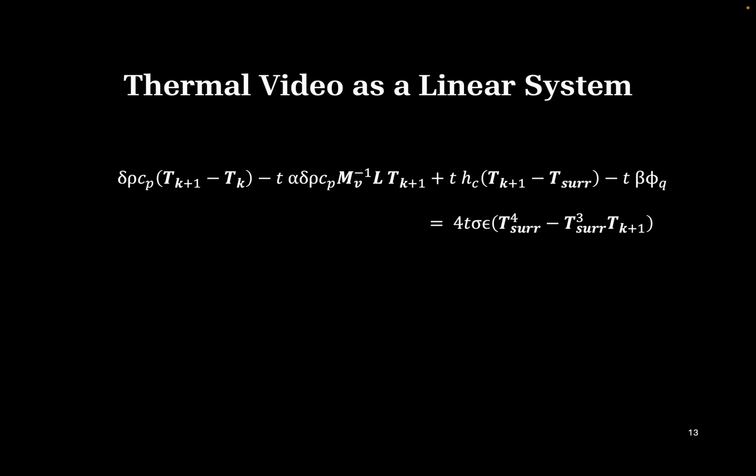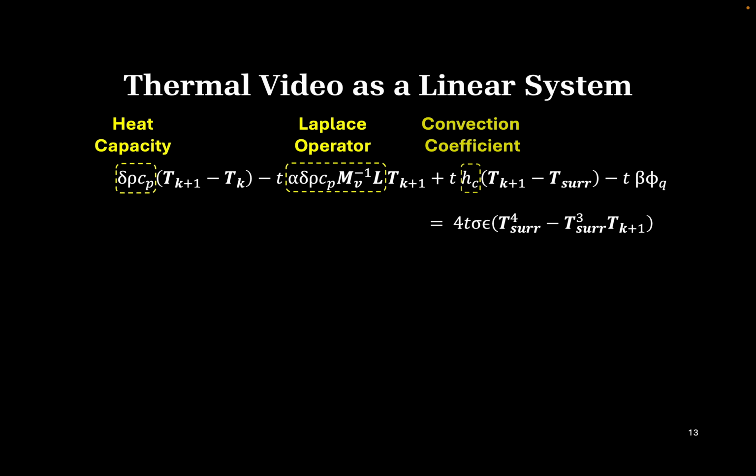By discretizing the heat transport equation, we can write thermal videos as a system of linear equations where the unknown quantities are the heat capacity, the Laplace operator, the convection coefficient, and the absorbed heat flux.